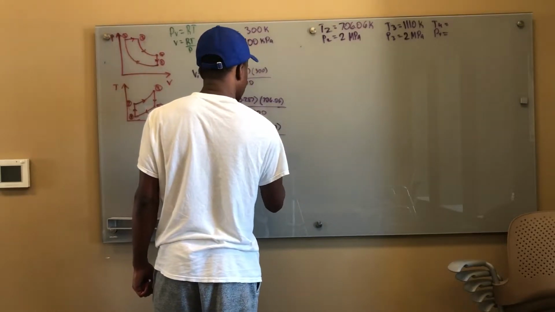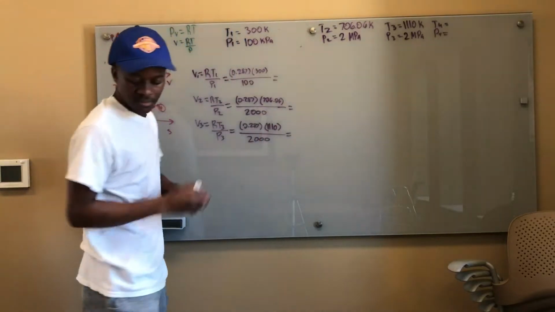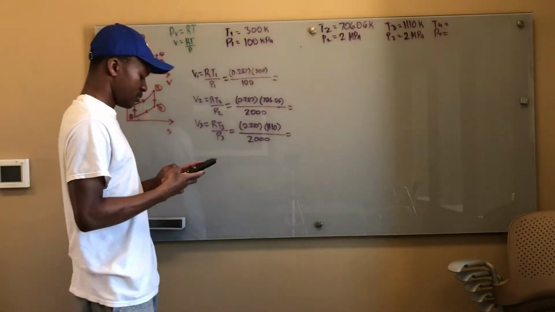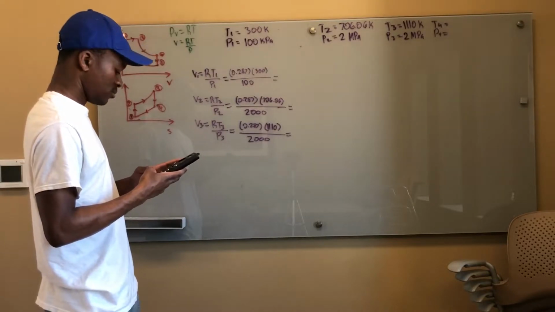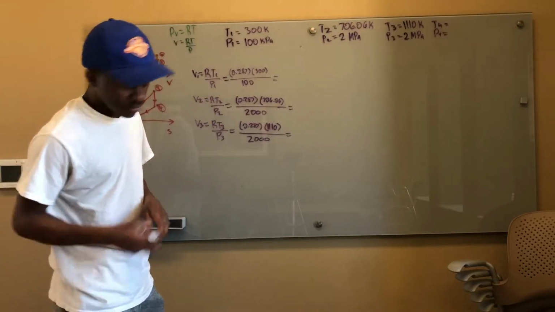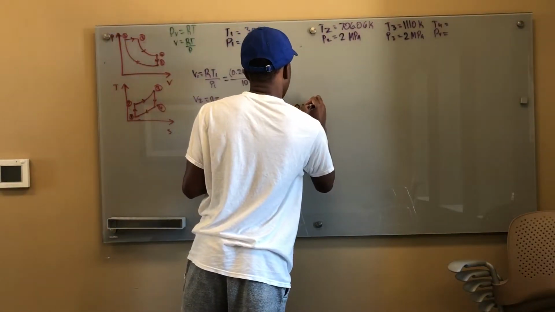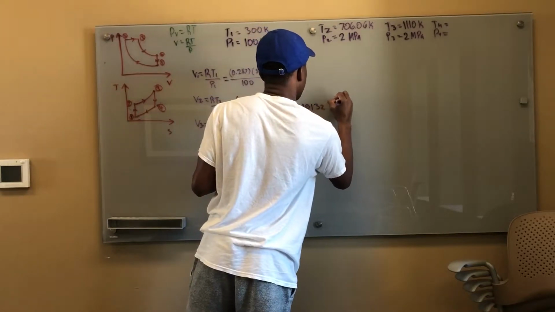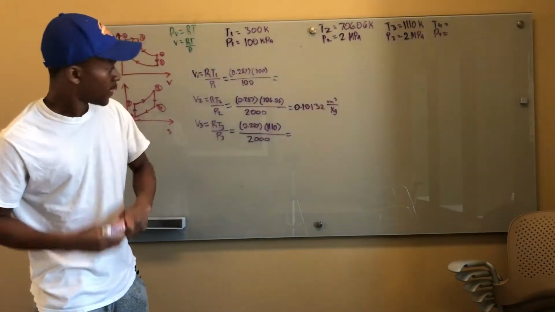P3 is 2,000 kilopascals. So all of these get me values in meters cubed per kilogram, okay?